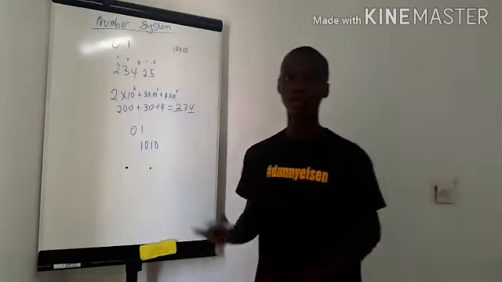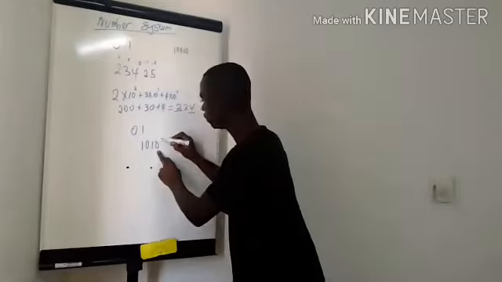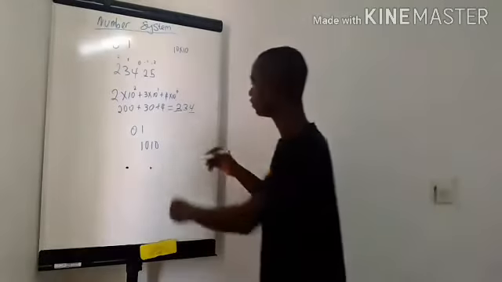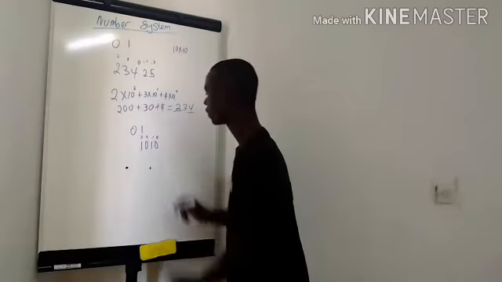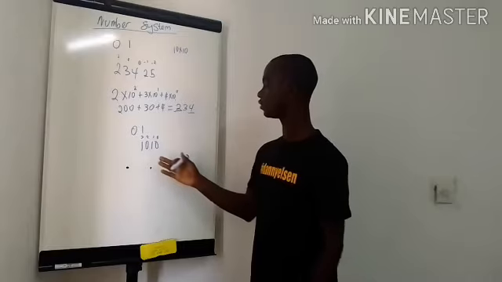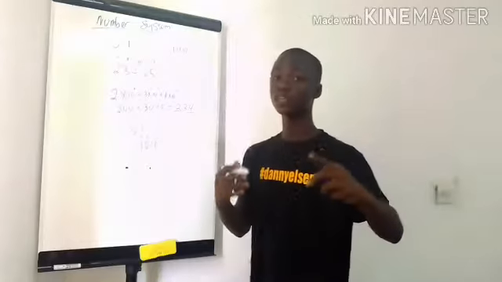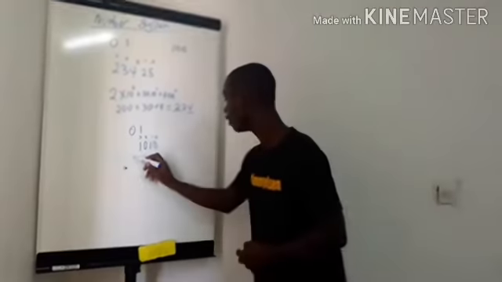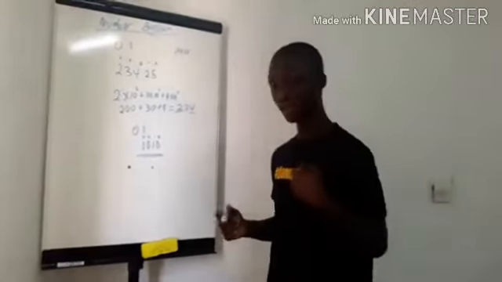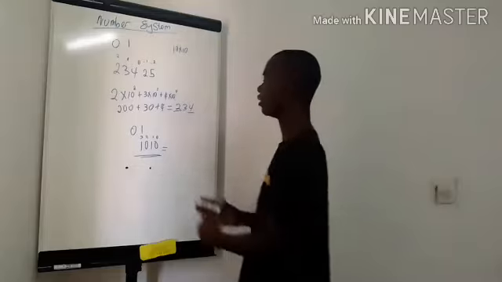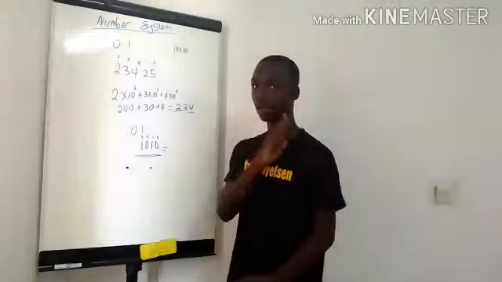So let's take any number in base 2, for example 1010. Now the powers apply here. We start from the least significant figure, which is the one furthest to your right: 0, 1, 2, 3. First of all, let me convert this to base 10. It's the same procedure, but instead of base 10, we work in base 2.